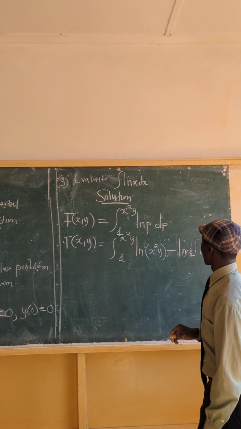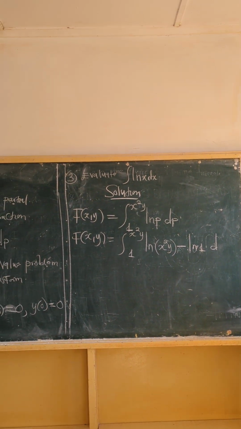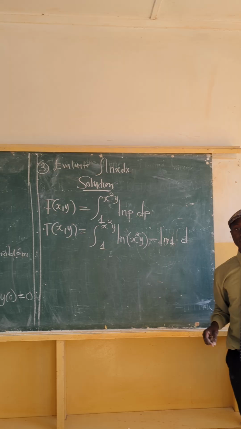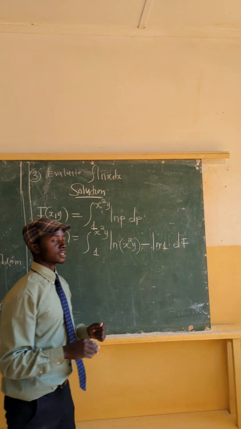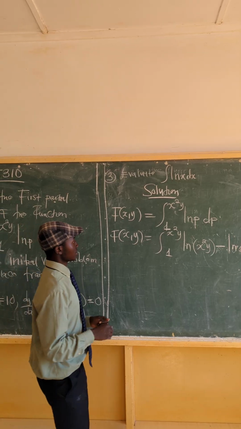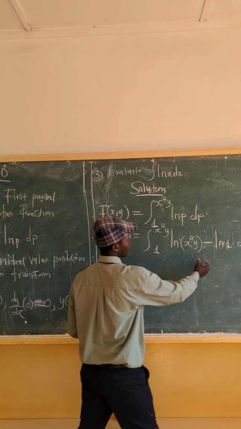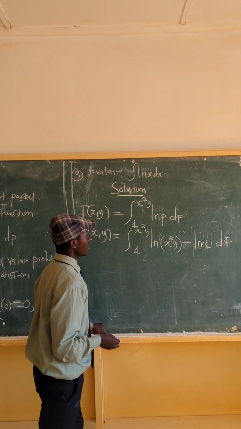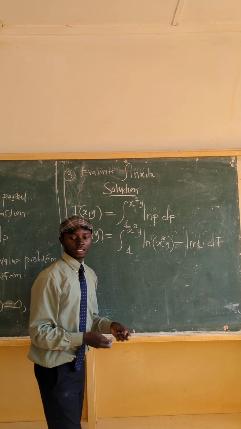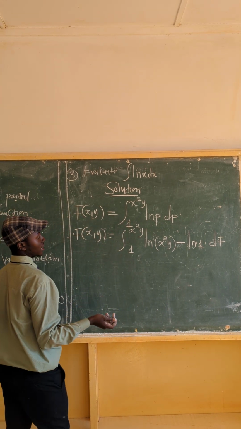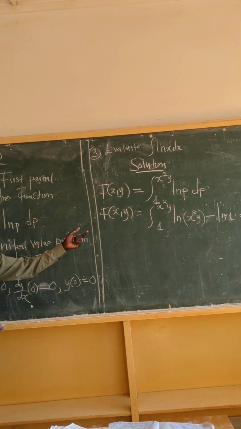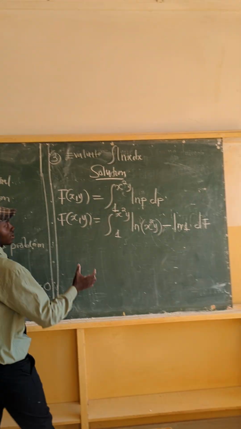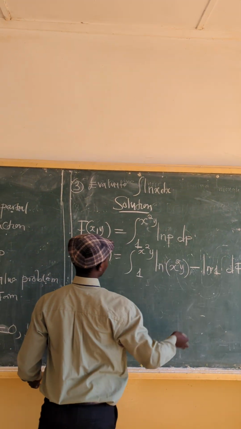Since we have substituted everything there, it will change to df, since it is with respect to f. Now as you can see, ln 1 is 0, so we don't have any need of including that.